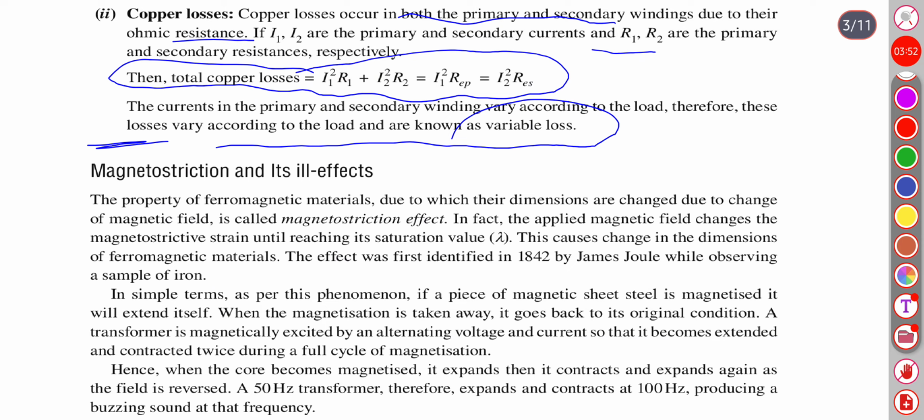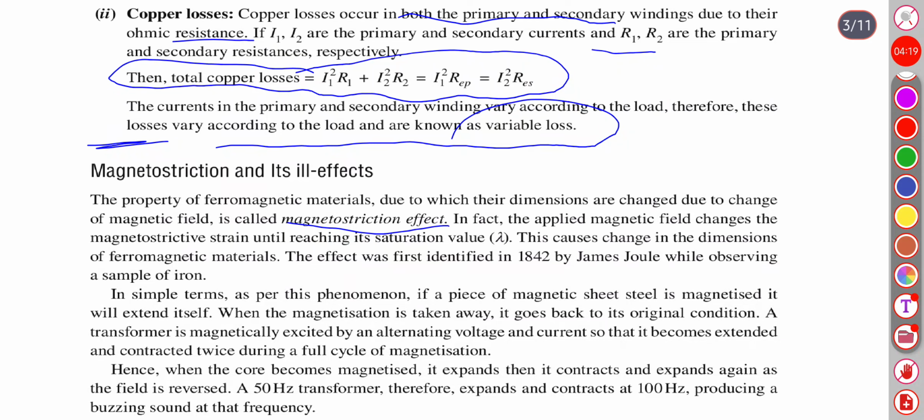Now, there is one more term in the case of a transformer known as magnetostriction and its ill effects. The property of ferromagnetic materials due to which their dimensions change due to a change in magnetic field is called the magnetostriction effect.